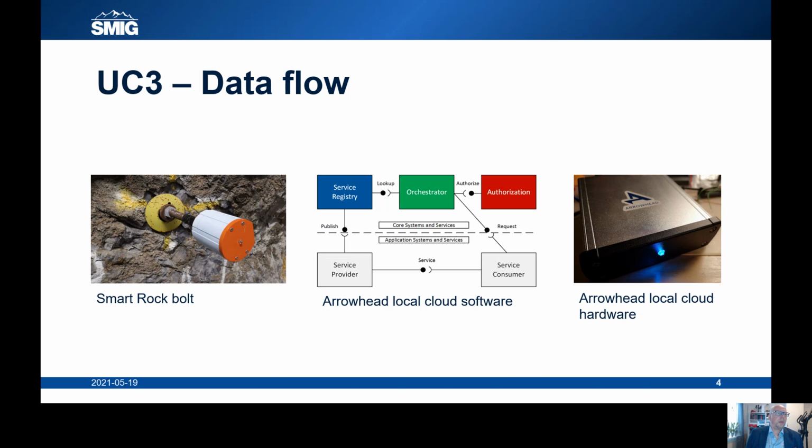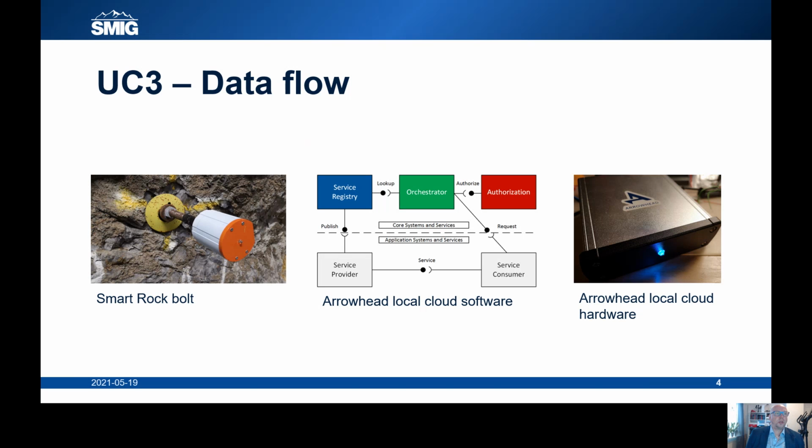The picture in the middle is a description of how the Arrowhead framework works together with a service provider and a service consumer. You have the 3 core systems: service registry, orchestration and authorization. You have the service provider that registers itself in the service registry.